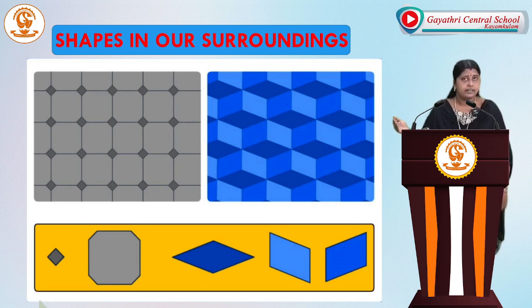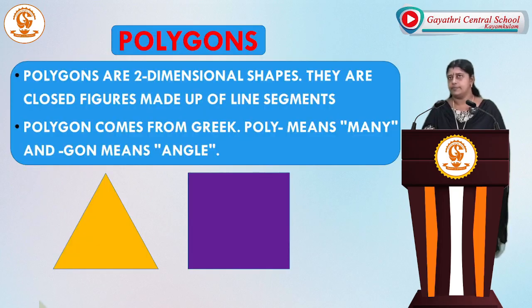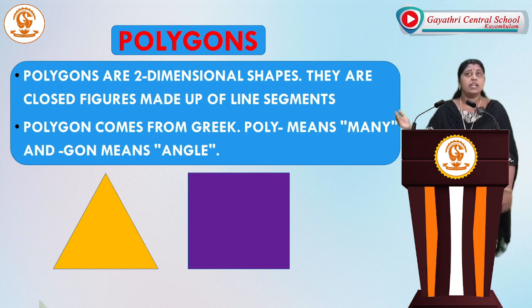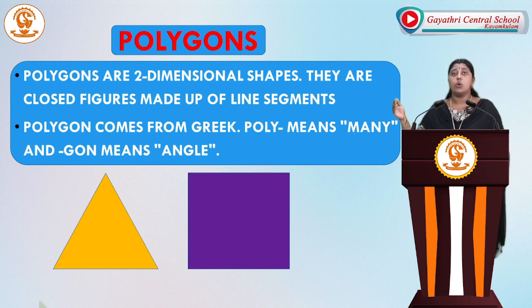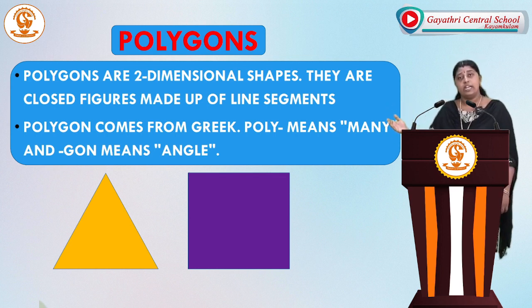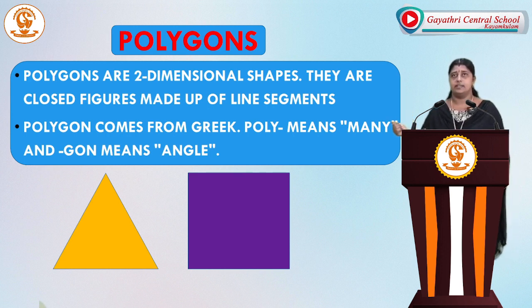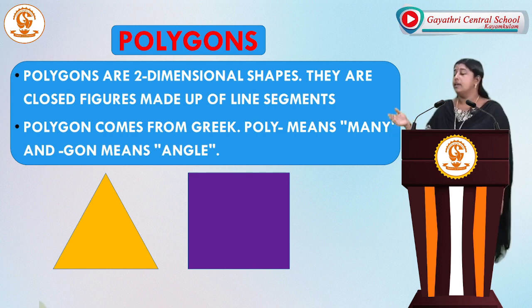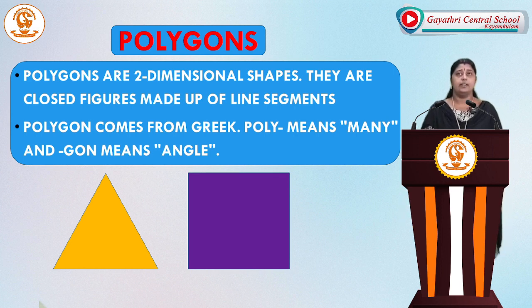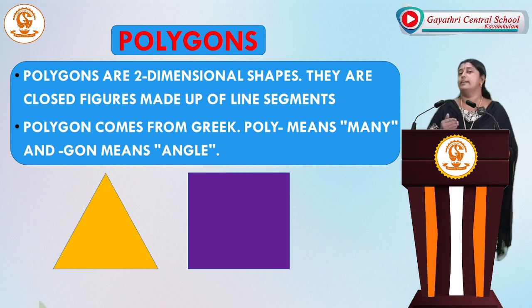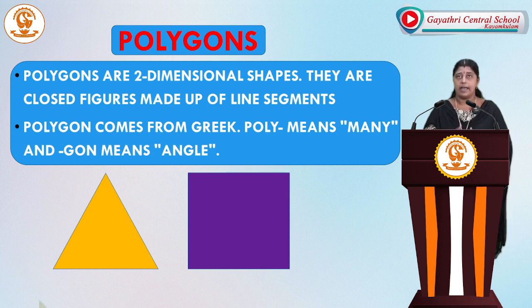So how can we define a polygon? Polygons are two-dimensional shapes. They are closed figures made up of only line segments. The word polygon comes from Greek. Poly means many and gon means angle.